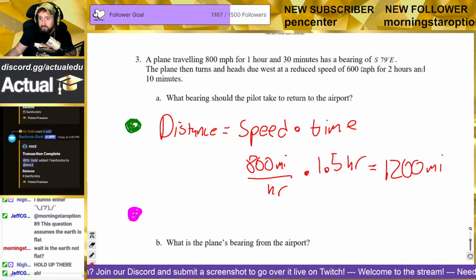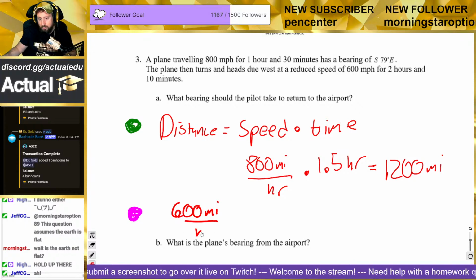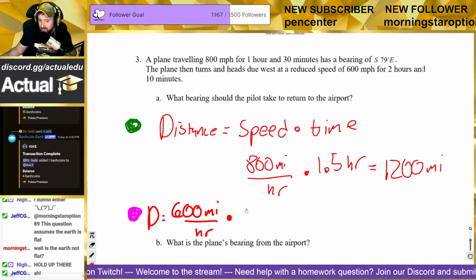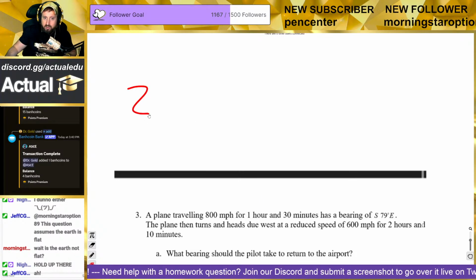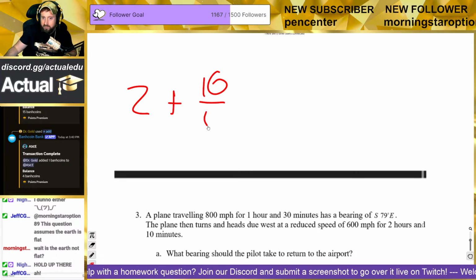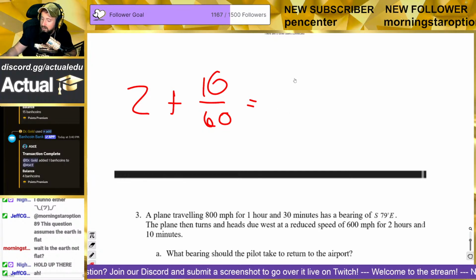Okay, same thing here. So this is going to be 600 miles per hour. So let's do the distance, and that's times 2 hours and 10 minutes. I've got to figure out how many hours is 2 hours and 10 minutes. So I know that's 2 plus 10 over 60, because this is 10 minutes out of 60 minutes in an hour.